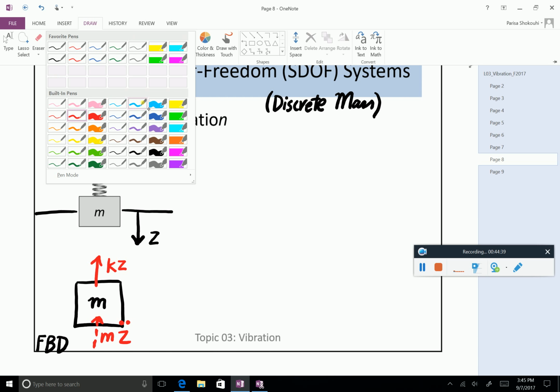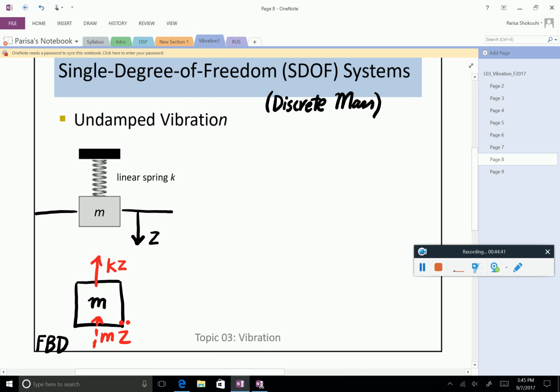Z double dot is the acceleration, so it's inertia.